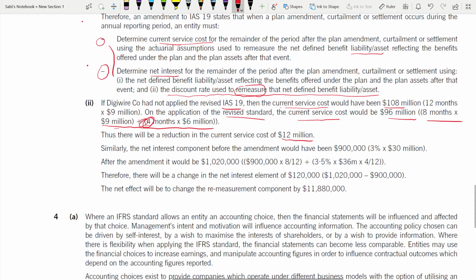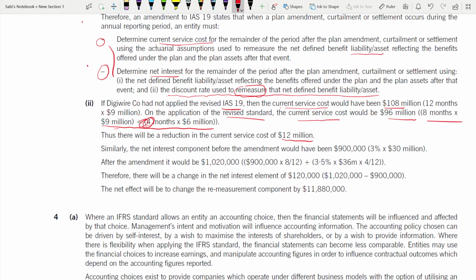Now let's go to the interest part. Similarly, the net interest component before the amendment would have been 3% of 30 million. Here also it will be 8 months because 1st of September it has been revised, and 4 months. But the discount here it is 900,000, same only, and here 3.5% on 36 million. So this is after amendment. So even this changed from this to this, it increased by 120,000, right? So the net effect will be to change the remeasurement component by this much.